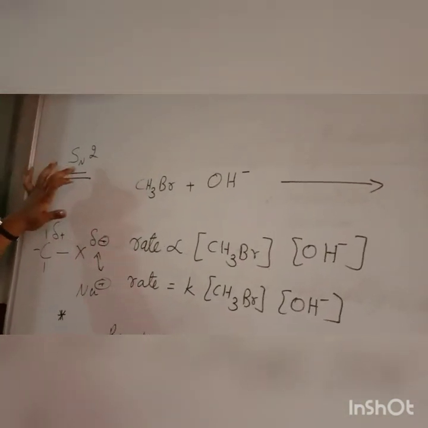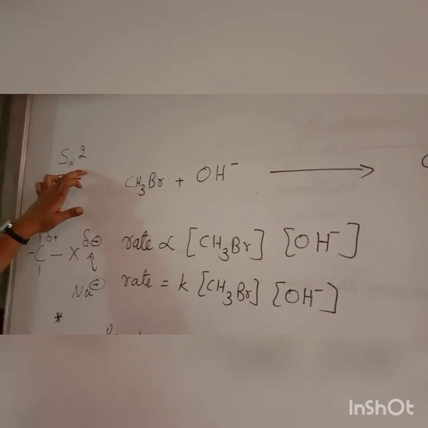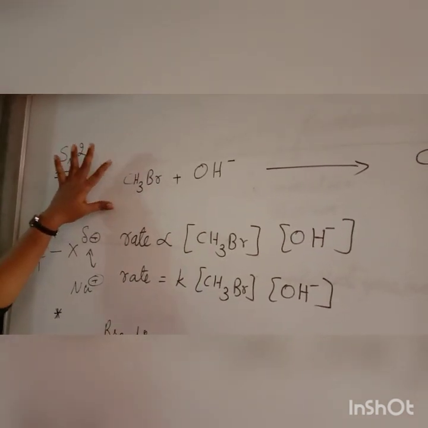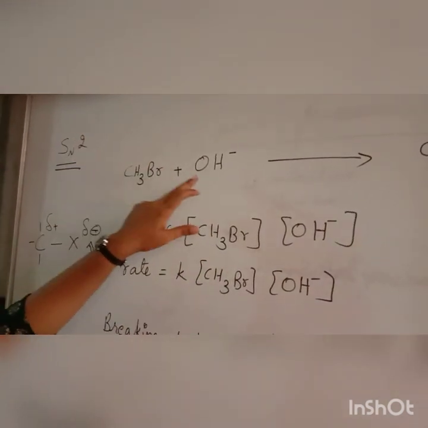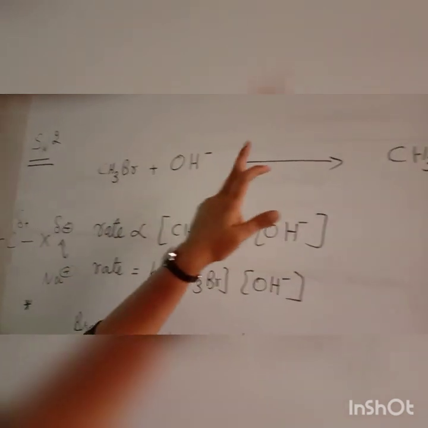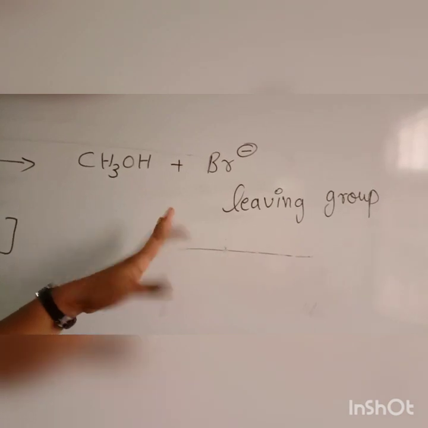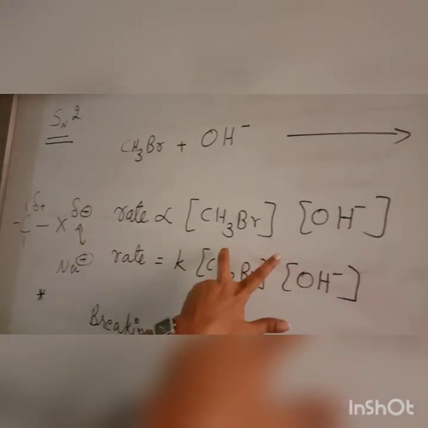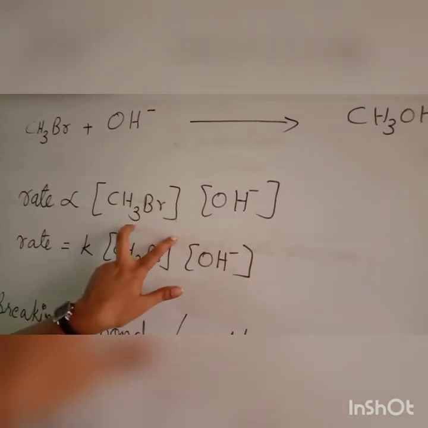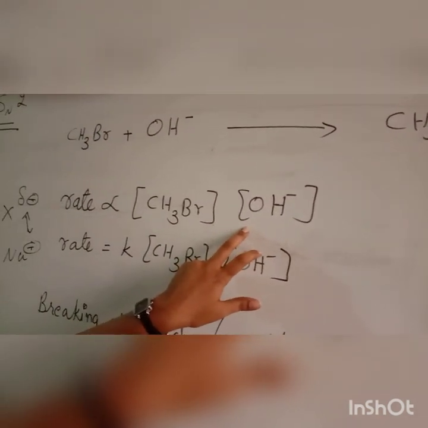So this is the mechanism for SN2, the substitution nucleophilic bimolecular reaction, where we have the example of methyl bromide, the attack of the nucleophile leads to the formation of the product, alcohol, and the halide group comes out as the leaving group. The rate of the reaction depends upon the concentration of both the methyl bromide as well as the nucleophile.